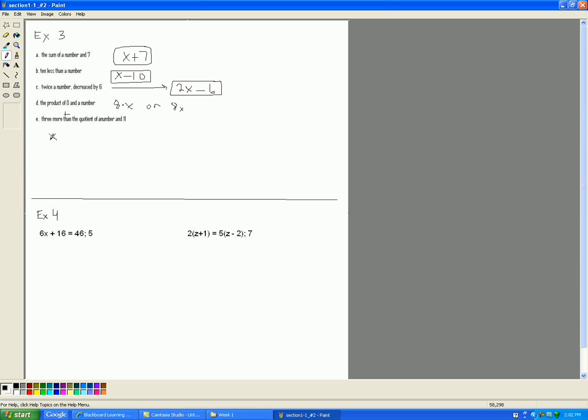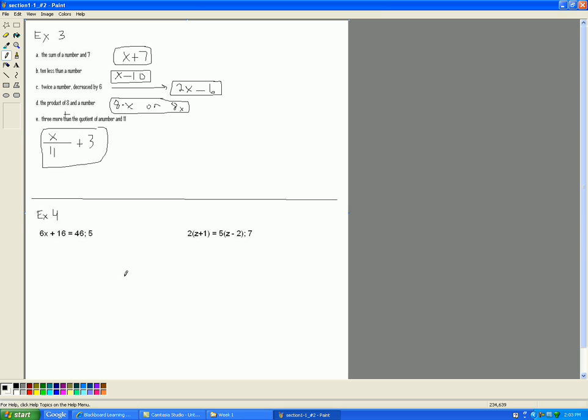So the quotient of a number divided by 11, plus the 3. 3 more than the quotient of a number and 11. And that's our answer for E. Oops, I forgot to circle our answer here. So hopefully that helps you in all your word problems, and definitely, like I said, keep table 1.1 very handy.